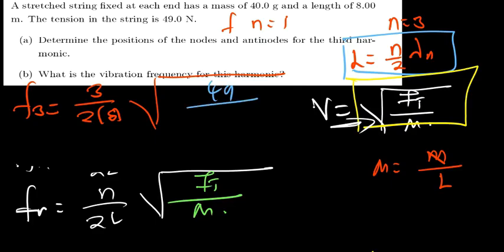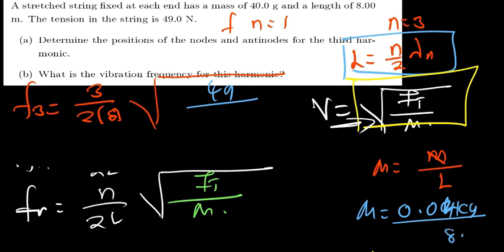Now let's find the mu. M, which is the mass, is 40 grams. Let's convert 40 to kgs. That is 0.04 kgs. Then L is 8.